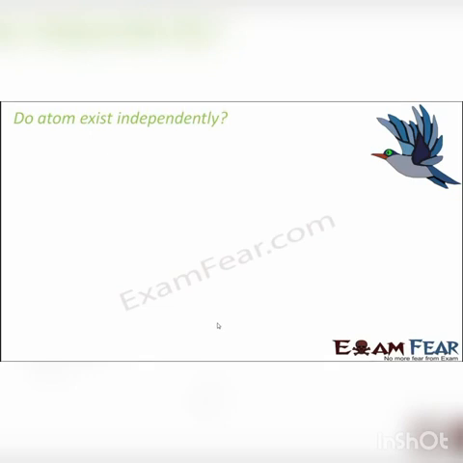Most of the atoms don't exist independently. They exist as molecules or ions, and this is for the most. But some do exist independently. For example, helium, argon, they are all noble gases, so they exist independently.